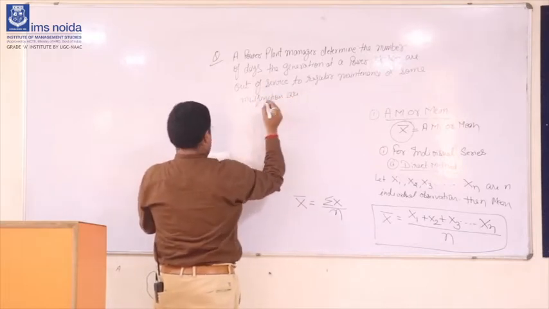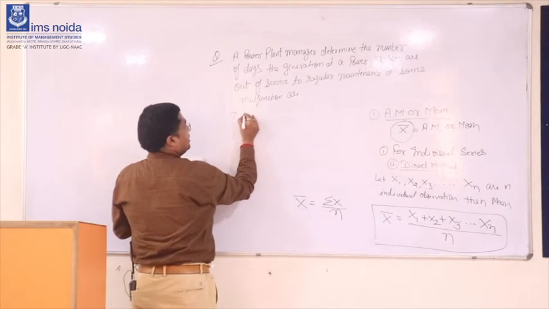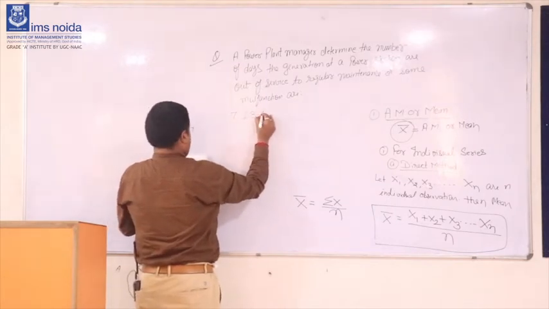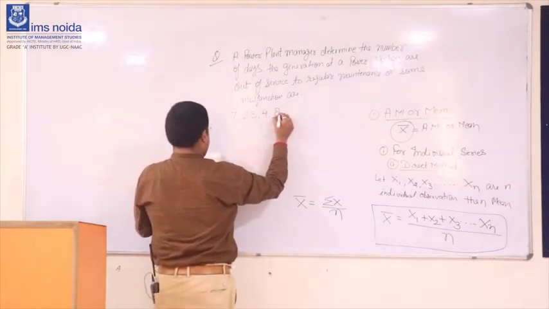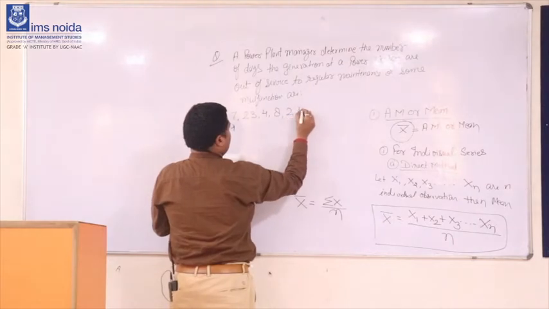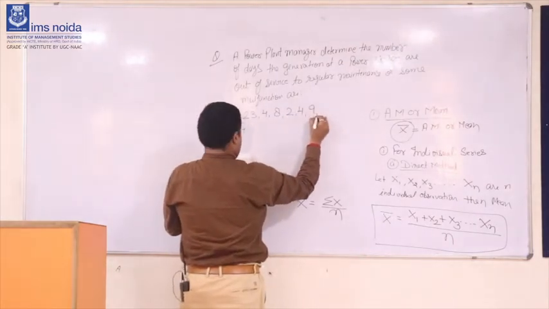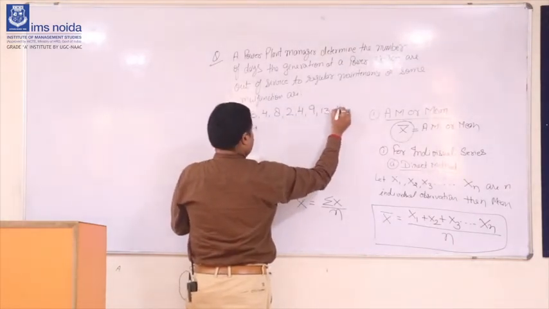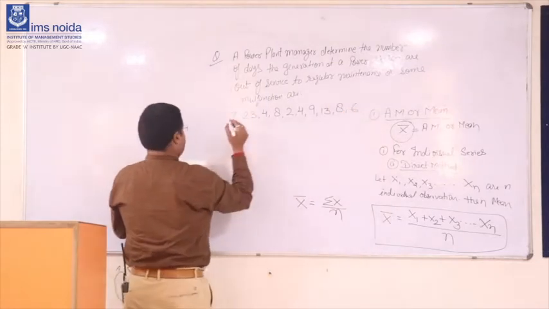The values are 7, 23, 4, 8, 2, 4, 9, 13, 8, 6.